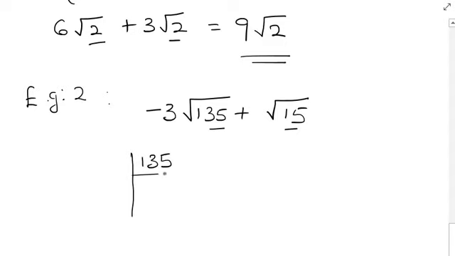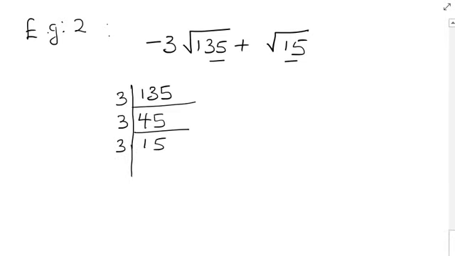Will 2 go in 135? No. Will 3 go in 135? Yes. 3 times 45. Then 3 will still go in 45, 15. Then 3 and 15, 5. Then 3 will not go in 5, but 5 will go in 5, which is 1.